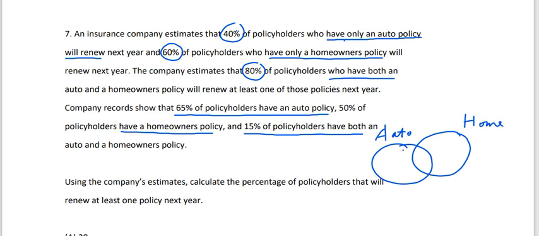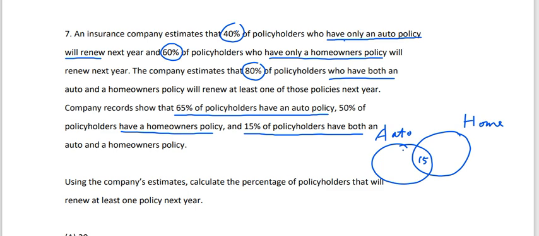We know both is 15%, and we know auto is 65% totally, so the overlap is 15.